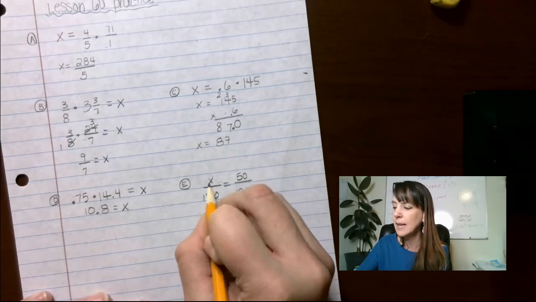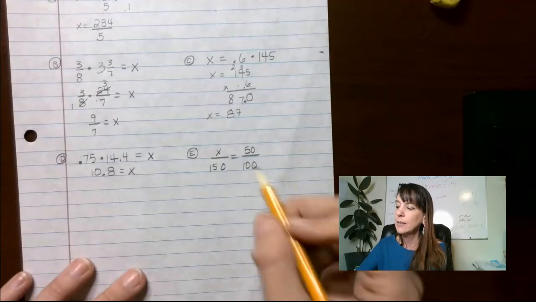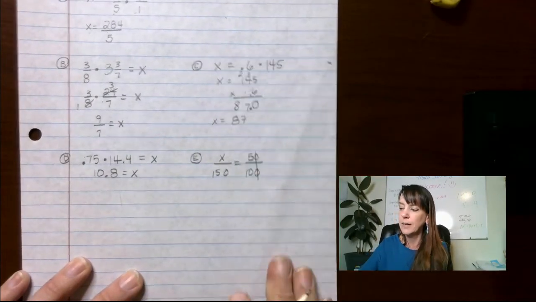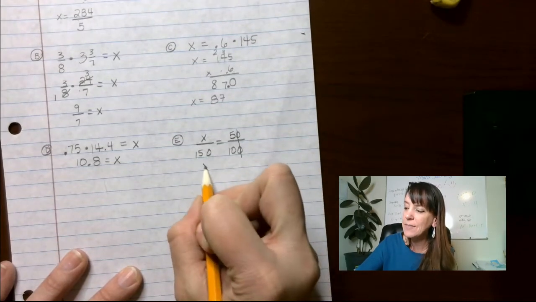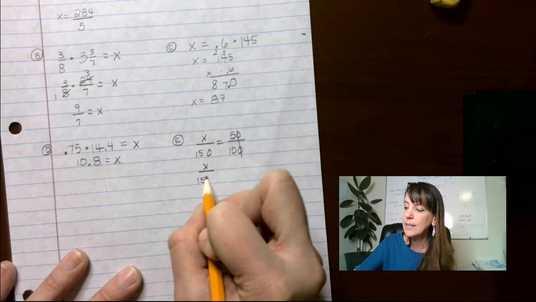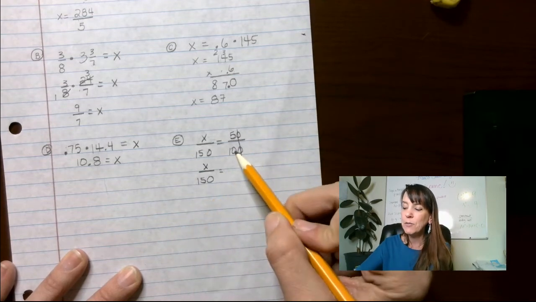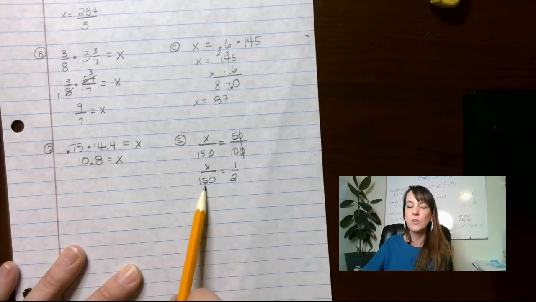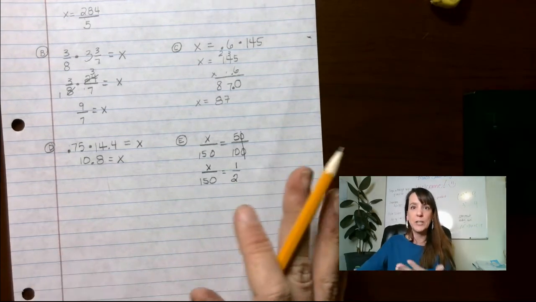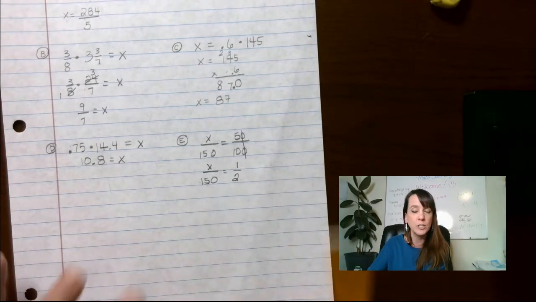What means X. X goes in our is spot. I'm going to lop off some zeros here, and we actually don't even need to cross cancel. What we have is X over 150 equals 5 over 10, which is really just 1/2. Remember ratios are fractions. This is a proportion because we're comparing ratios.